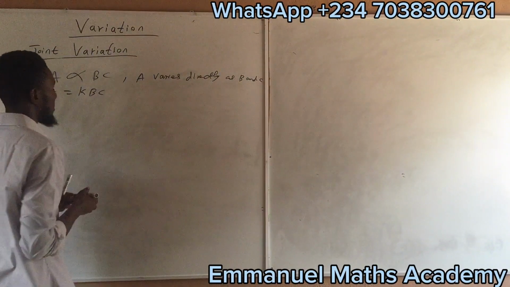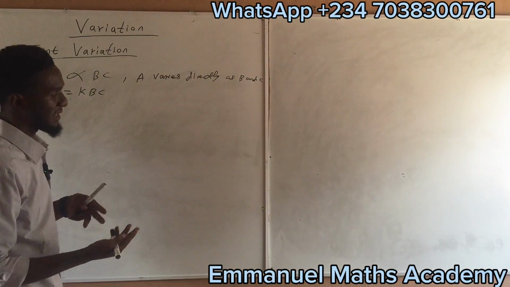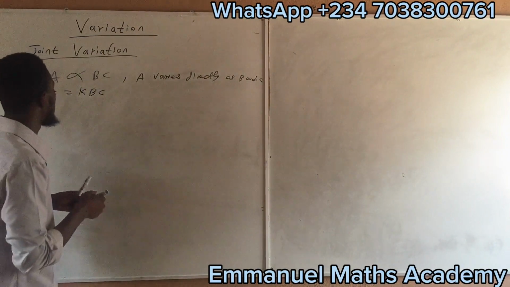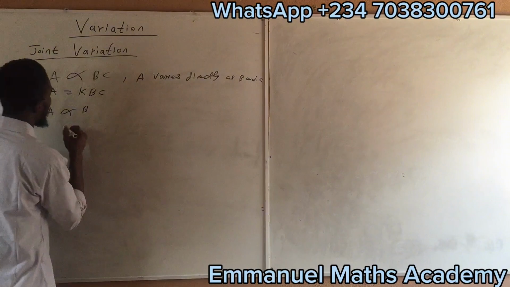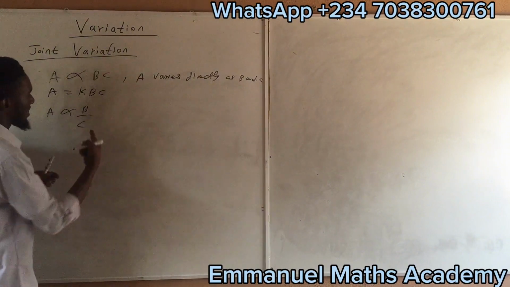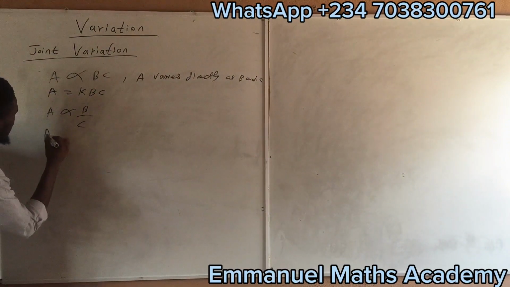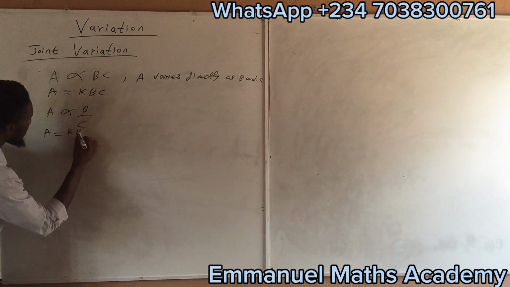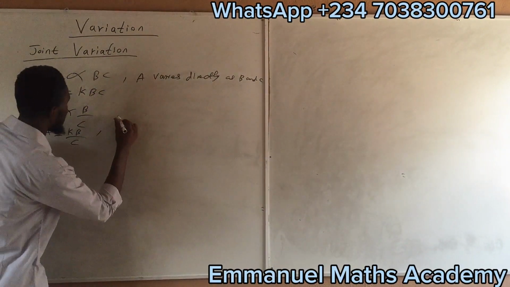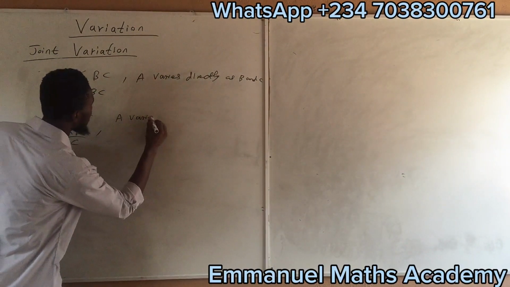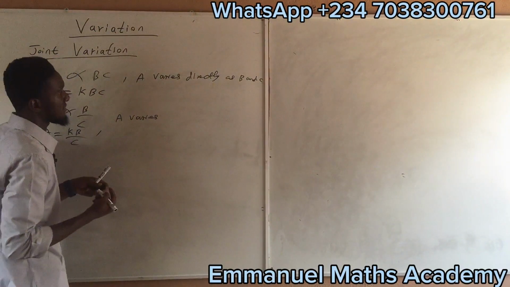You can also have a statement which says A varies directly as B and inversely as C. It will be expressed as A varies directly as B and inversely as C. The inverse will not come under the numerator. Is that correct? Now the equation becomes A equal to KB over C, right? Let me just write the statement. A varies, or you can say A is directly proportional, it's the same thing.